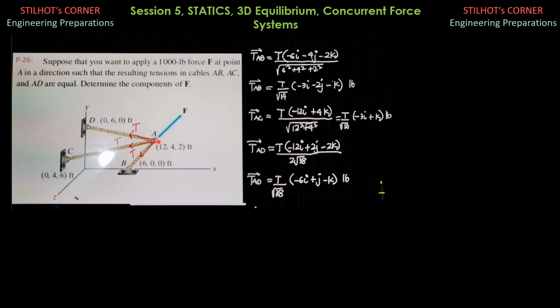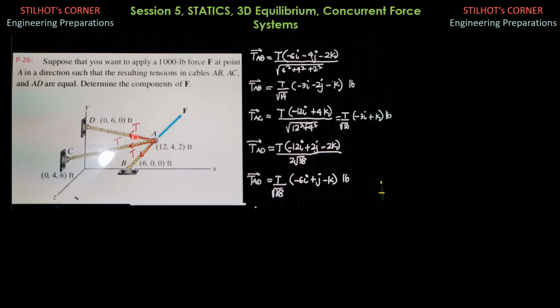Then F in vector form is equal to Fx i plus Fy j plus Fz k. We apply the equations of statics, summation of forces in x equals 0.